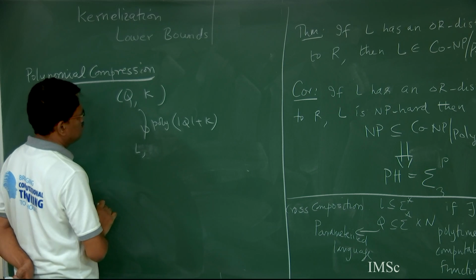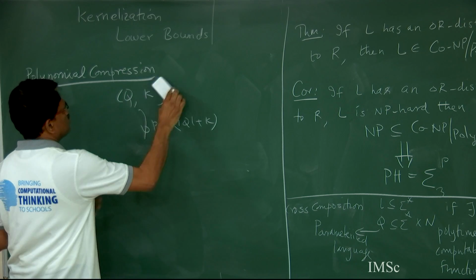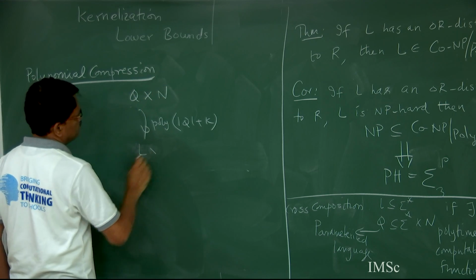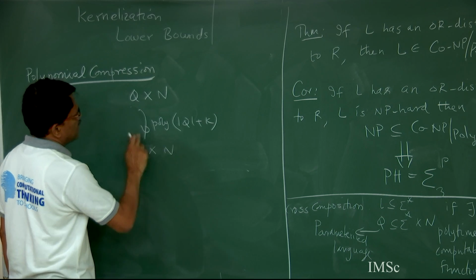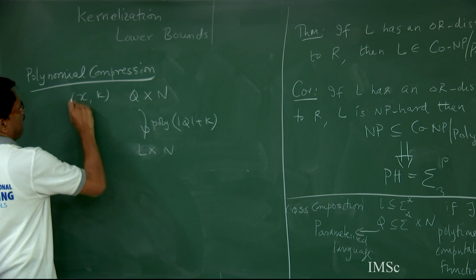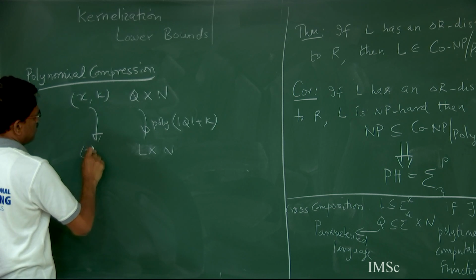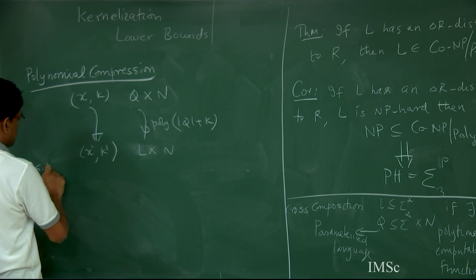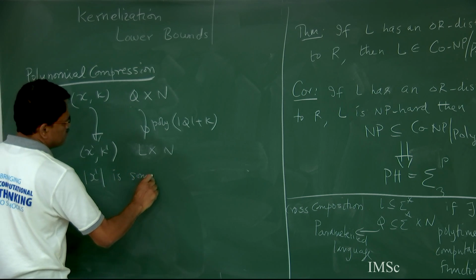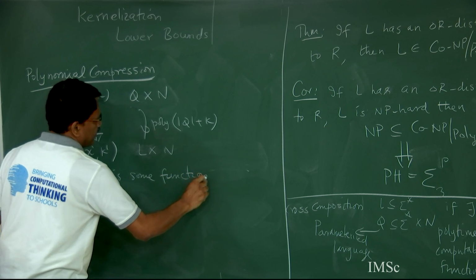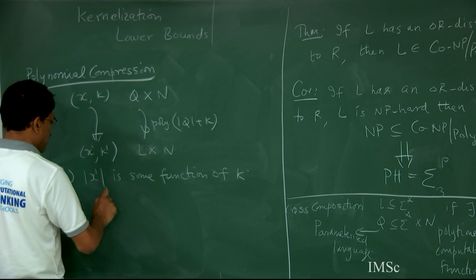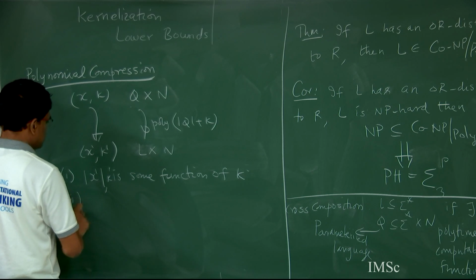Now, I should just talk about a parameterized language Q cross N to a parameterized language L cross N in poly time, such that you take an x comma k, you get an x prime comma k prime, such that the length of x prime is some function of k, and also k prime, and of course, these instances are equivalent.